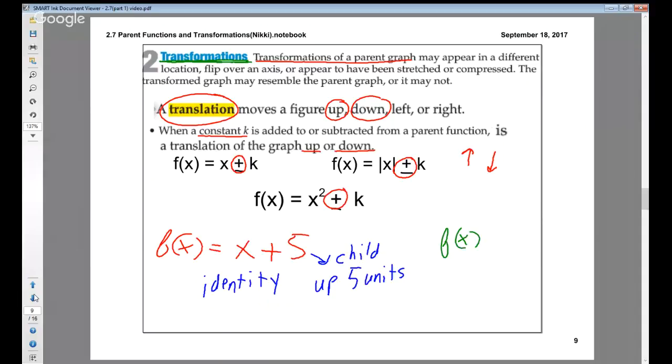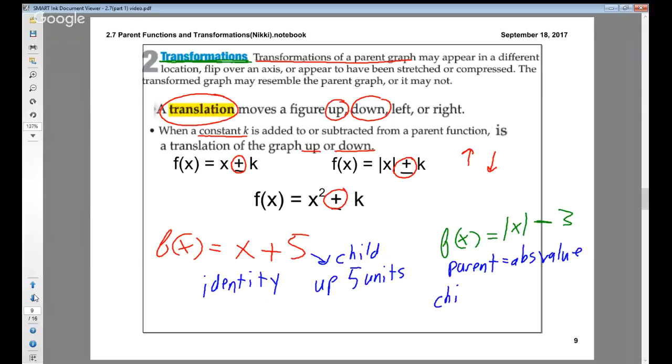And then just another example, let's say I had the absolute value of x, and I'm subtracting 3 from that. You would say that the parent function is the absolute value, because you see the absolute value bars and think, oh, yeah, that's the parent function.